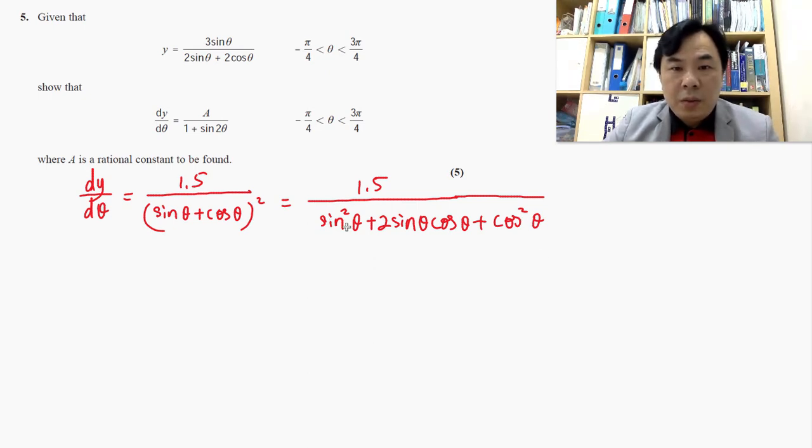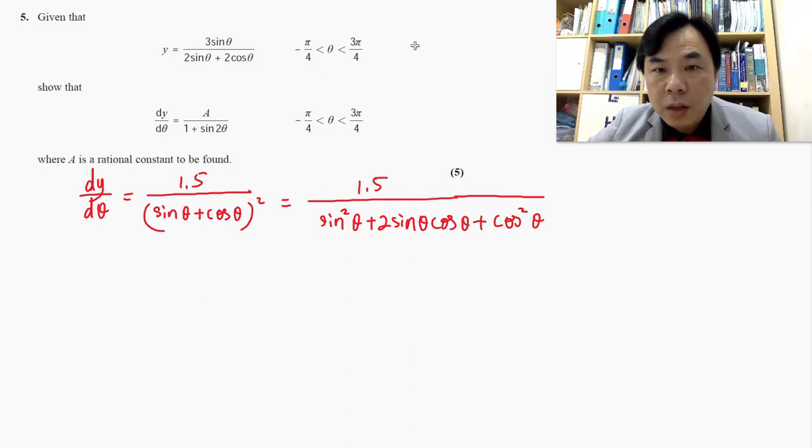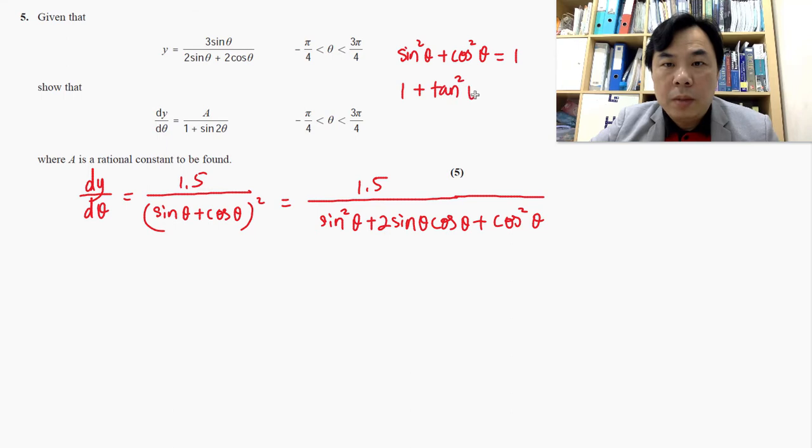From here itself, we notice that we can apply that identity one more time. I hope that you still remember the identity. If you can't, I'm going to write down that identity one more time over here. It's always good as a reminder.